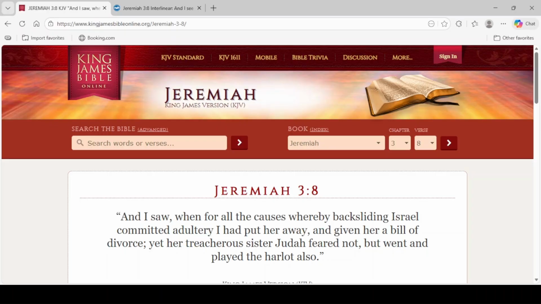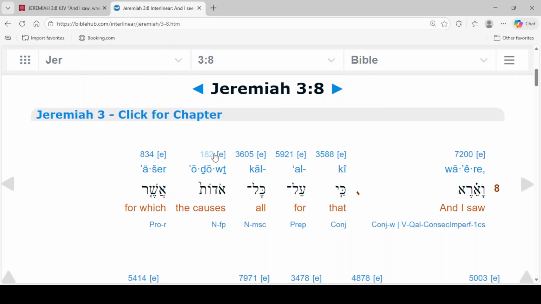As you can see, I pulled up Jeremiah 3:8, King James, having addressed the word causes before, especially as it related to adultery and fornication out of the Old Testament. This is interlinear Jeremiah 3:8, and here's the word I want to focus on right here, the causes for why God chose what he chose in divorcing Israel but not Judah.